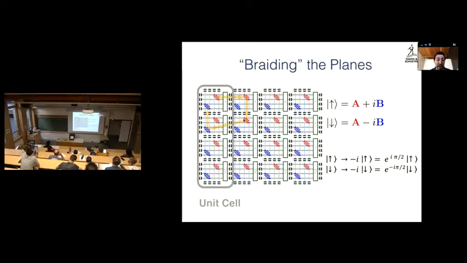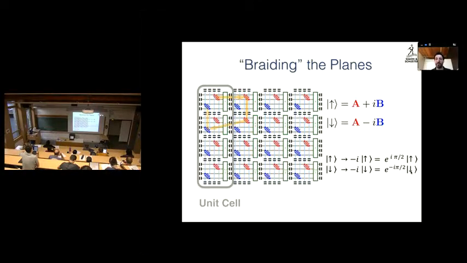When I go through this loop, if I call A plus iB my up state, up will become e to the i pi over 2 up, and down will become e to the minus i pi over 2 down. Which is to say, under rotations, the eigenstates of rotation are circularly polarized, not linearly polarized.